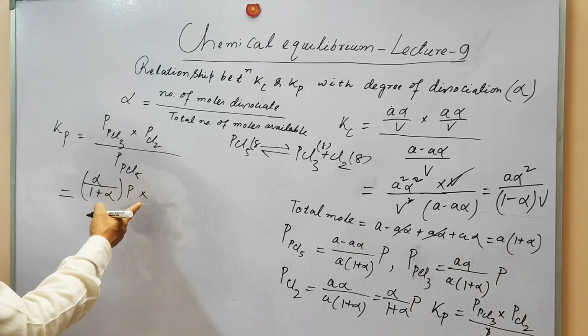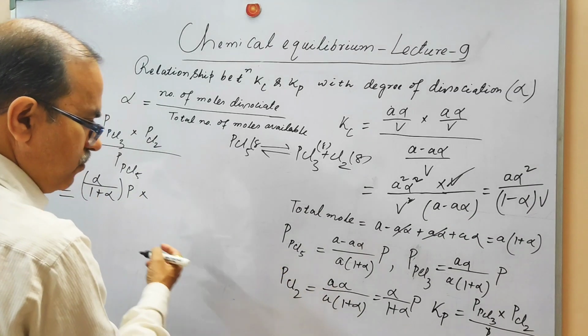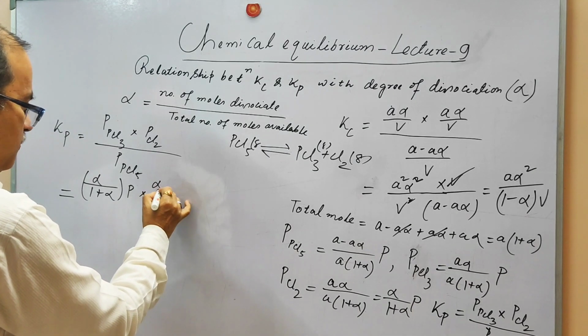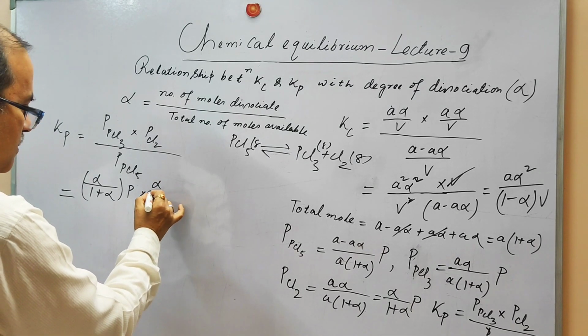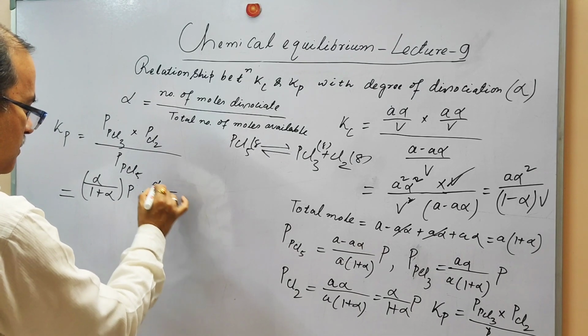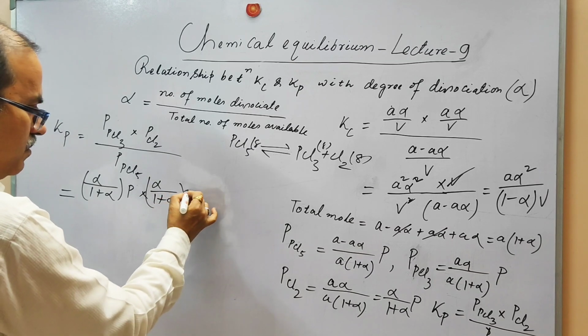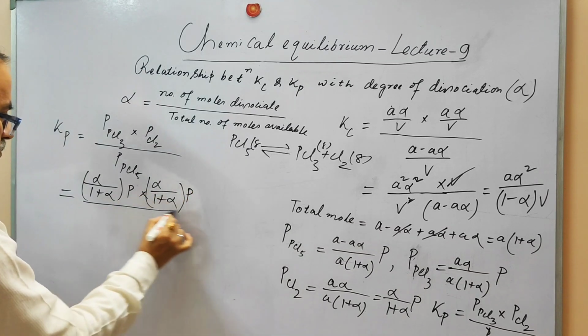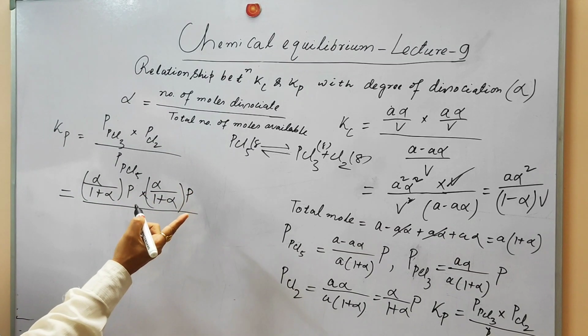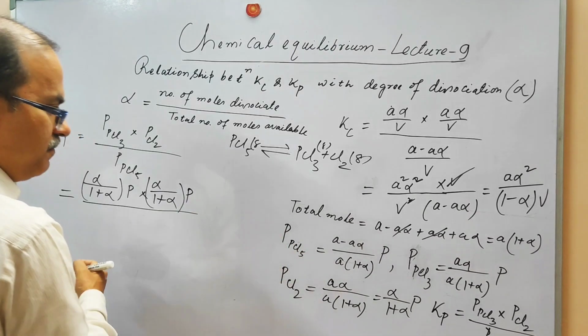Now we are putting this value, alpha into alpha, divided by the partial pressure of PCl5.